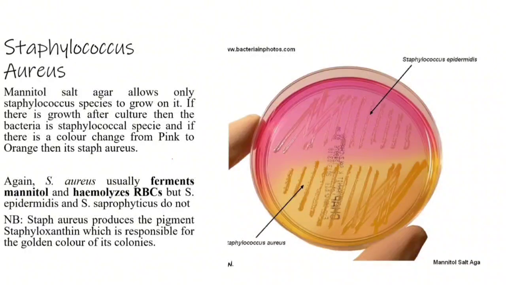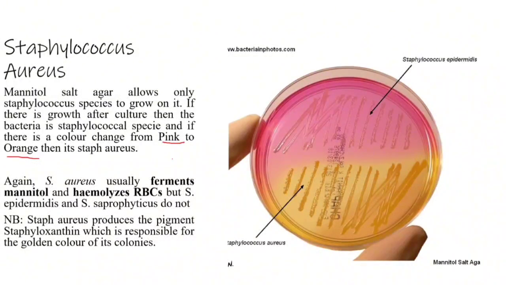Now, the original color is pink. When there is growth and the color changes from pink to orange, then it is obvious that it is aureus.